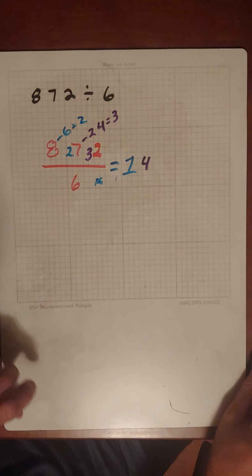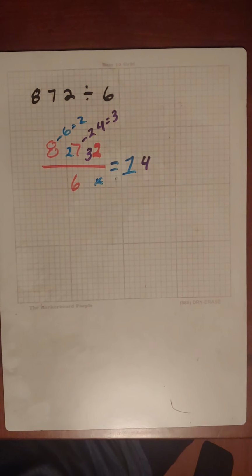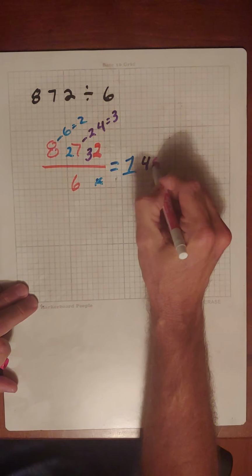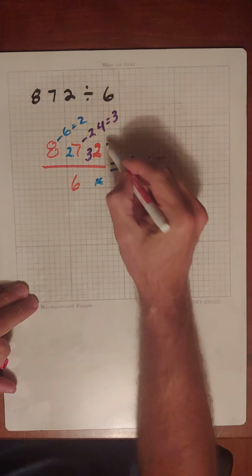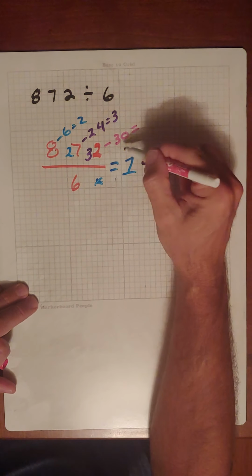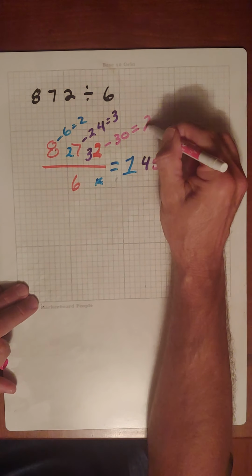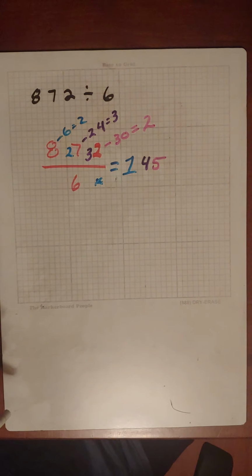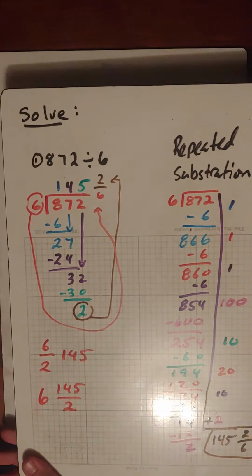And so then I have 6 goes into 32 5 times. 5 times 6 is 30. And 32 minus 30 equals 2. Okay? So that's not that much different than what we did over here, right?